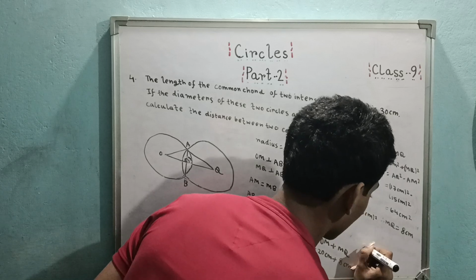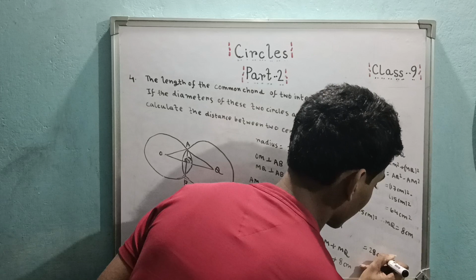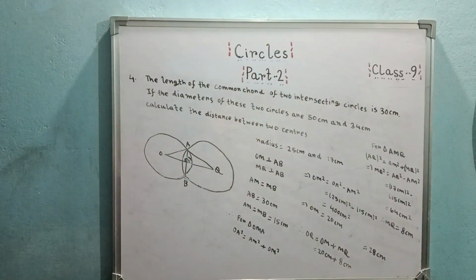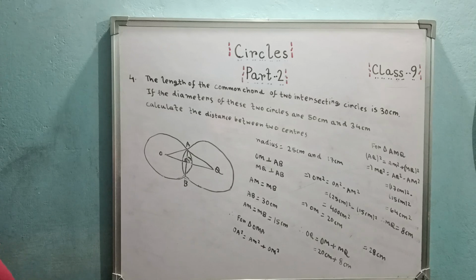So 20 plus 8, 28 centimeter. A very appropriate answer which can guarantee you 4 marks in this question. OQ is the distance between the centers O and Q. That is the answer. Finished.